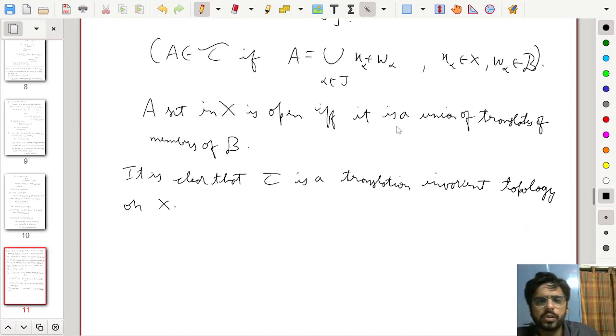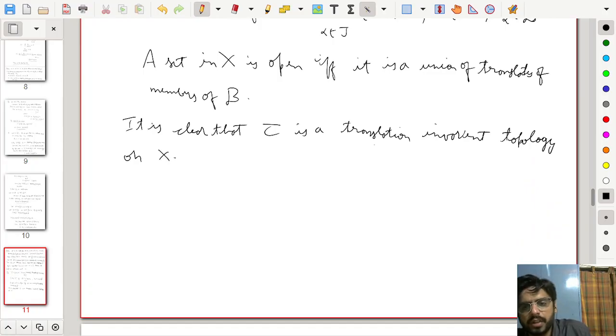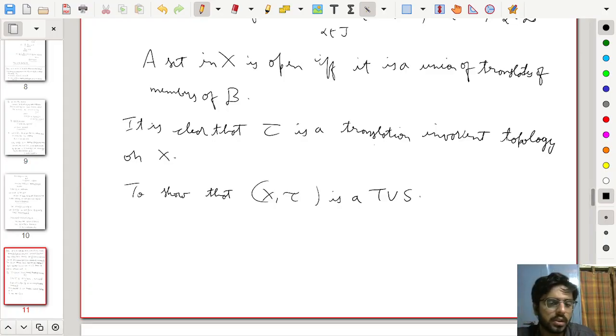Okay, we need to show that X with this tau is a topological vector space.